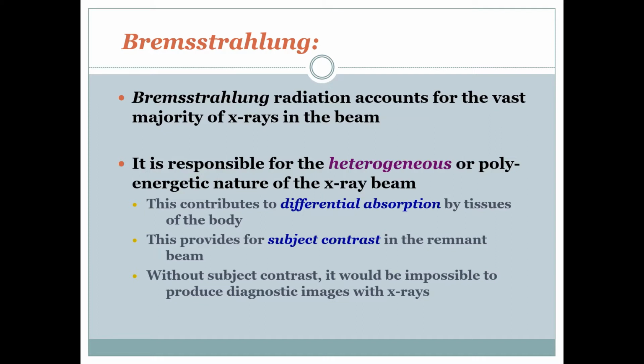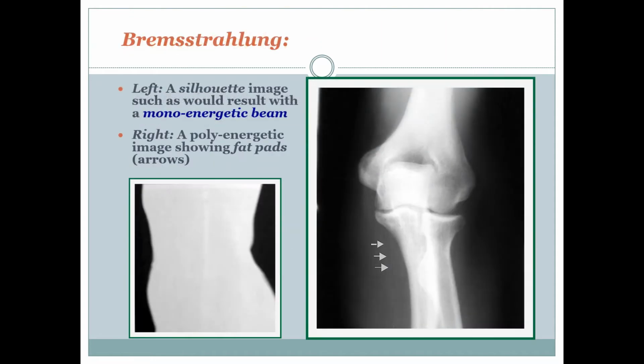This contributes to differential absorption by the tissues of the body, and this provides for subject contrast in the remnant beam. Without Brems radiation, we would have no subject contrast, and we would have no differential absorption from the body tissues. We wouldn't be able to have diagnostic X-rays as we have them today. We would actually view basically silhouettes.